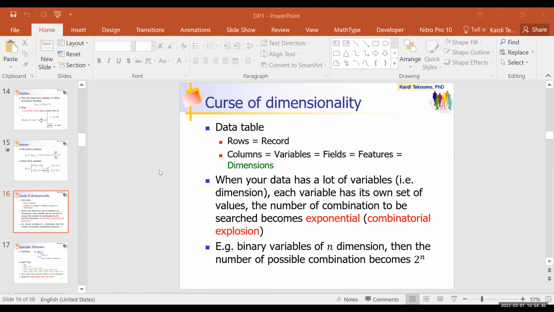For example, gender has two values, male and female. Okay? Color, for example, you decide to have 24 colors, say eye color. And then you have only two variables, gender and color, how many combinations? 2 times 24, right?